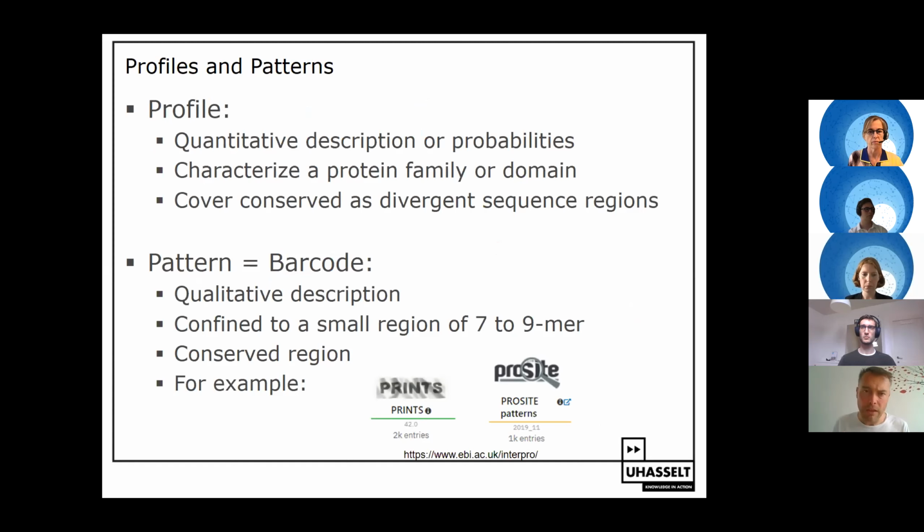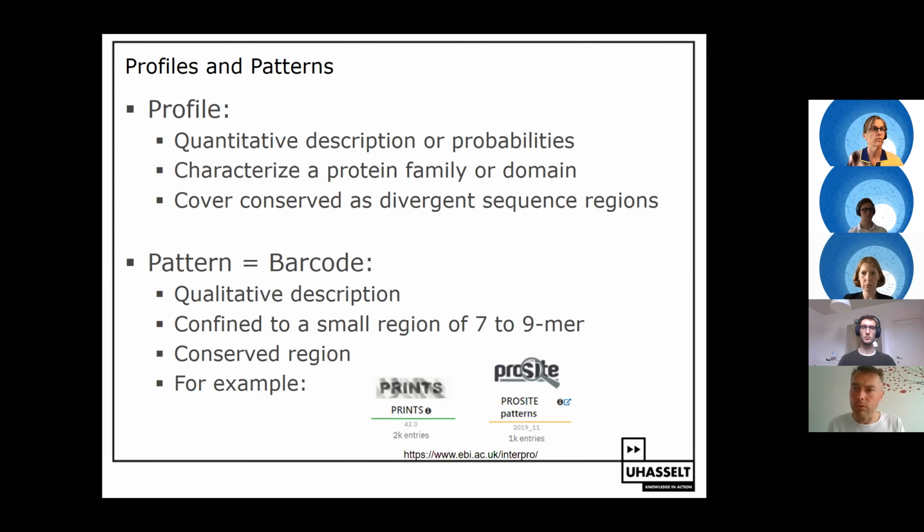So to understand what's going on here, I quickly need to provide you with a short definition about profiles. Typically, profiles are quantitative descriptions. They contain probabilities about which letter sits where in the sequence. And it typically characterizes a protein family or a domain, and it covers both conserved and divergent sequence regions. So typically profiles are long, right?